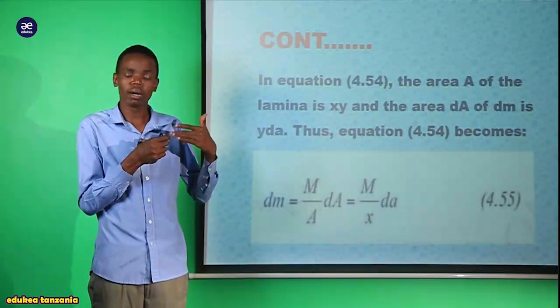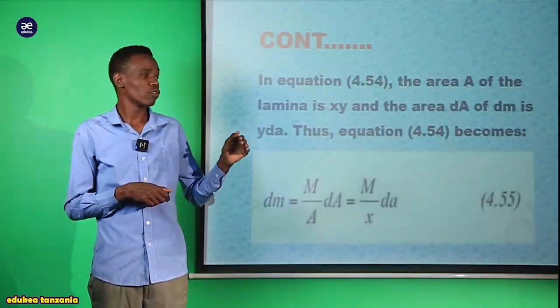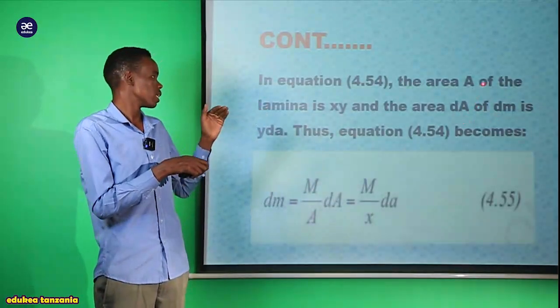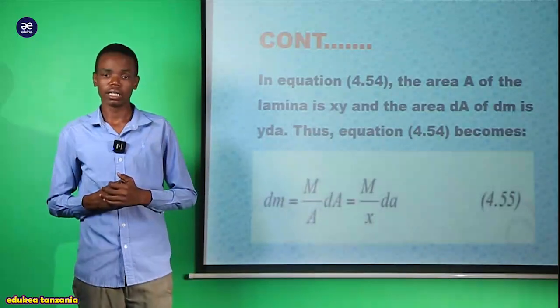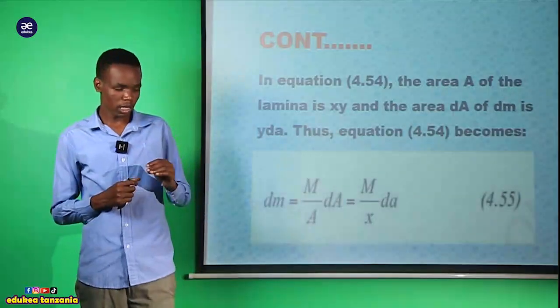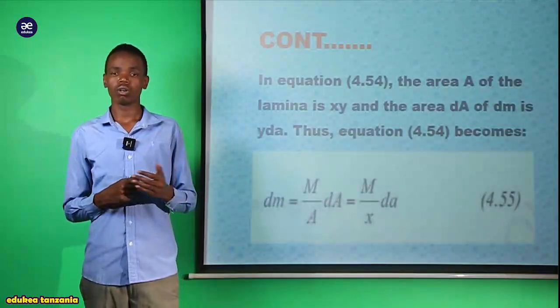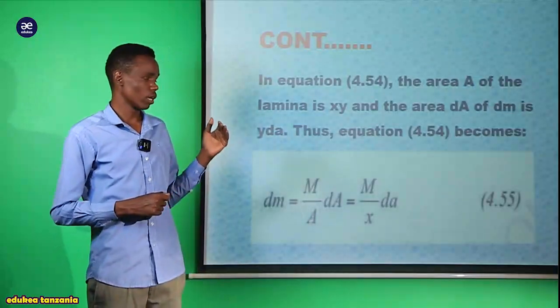The area of the lamina is equal to xy, while the area dA of the dm is equal to y da. This is the way we can obtain the area for the lamina and also the area for the dm.